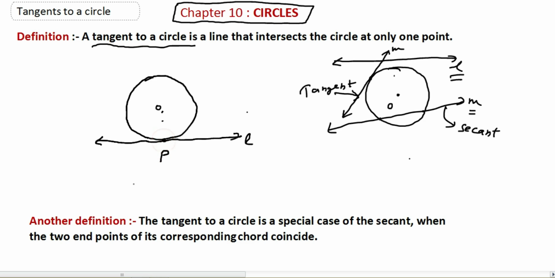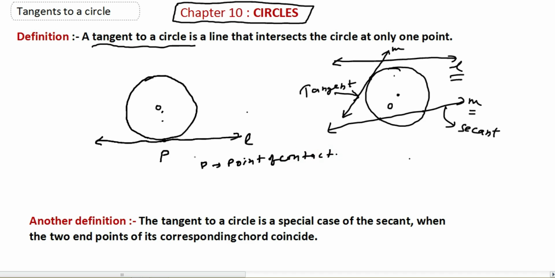Let this point be P. P is the point which is common to this line and the circle. So at the point P, line L meets the circle with center O. This point P is called the point of contact.